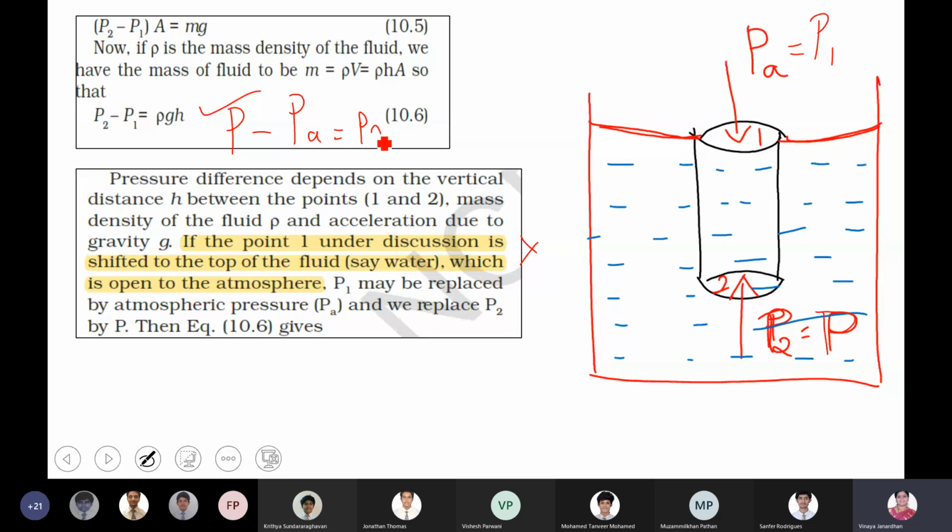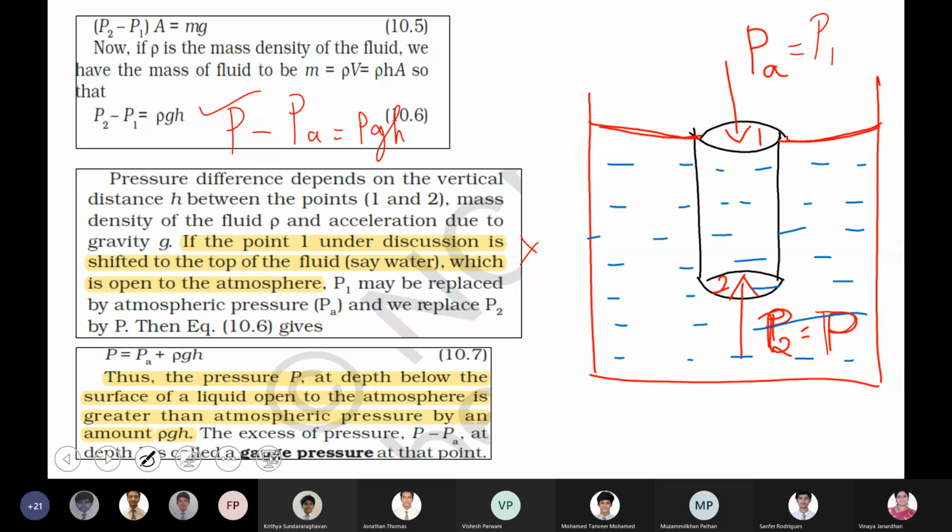So P minus atmospheric pressure is equal to rho G H. Then what is P? P is the pressure at the depth of H meters, because P is the pressure acting on surface 2, which is at a depth H below the surface of water. Are you clear, boys?